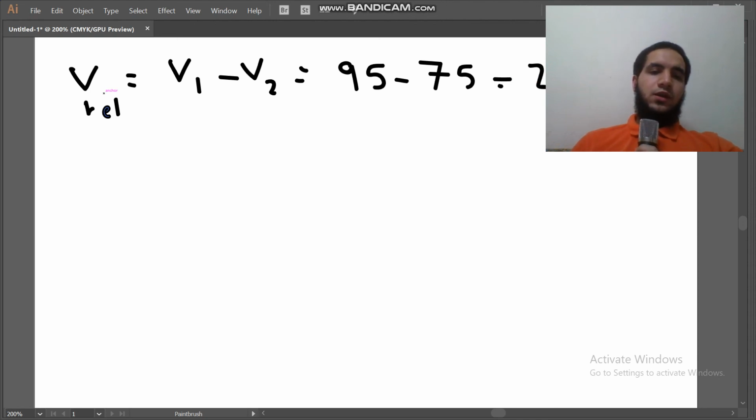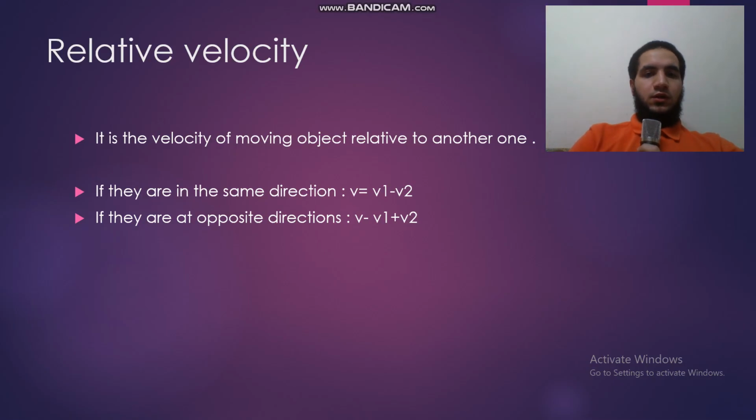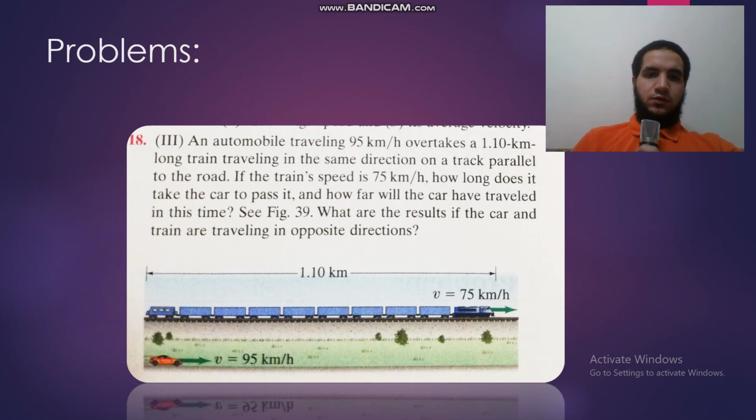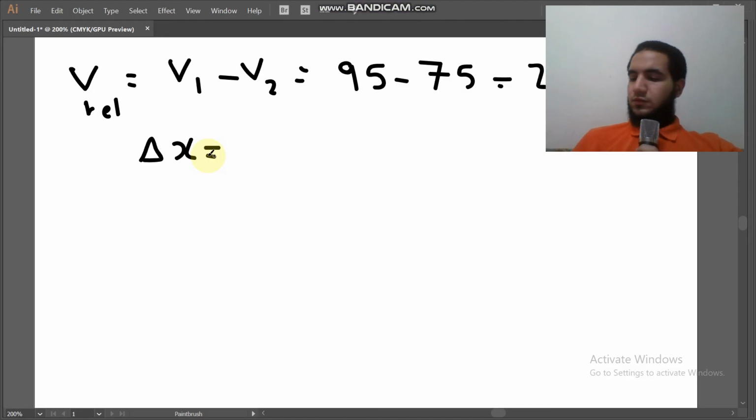And we have delta x equal to 1.1 kilometer.